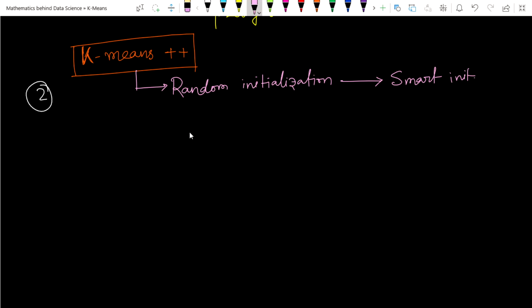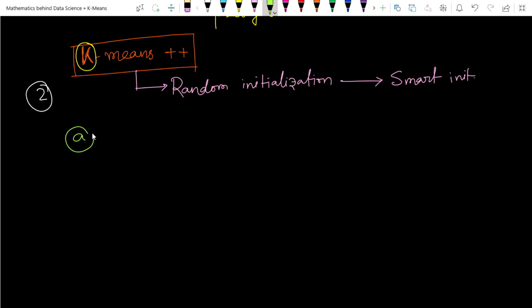Let's see this step by step. In the initialization, we would normally randomly pick k random points for the k-means algorithm. But the main difference here is, let's try to understand.